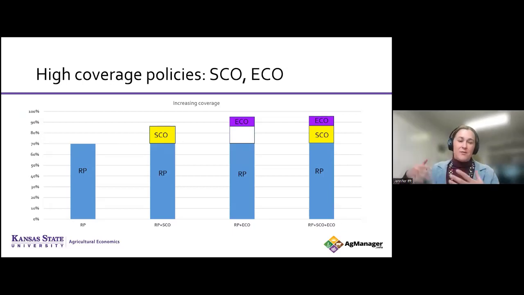That was set in the Farm Bill, but generally these higher coverage policies have a county-based trigger due to moral hazard issues, and they would be even more expensive without it. You can use ECO, the Enhanced Coverage Option, with or without SCO. So again, it's protecting more revenue.